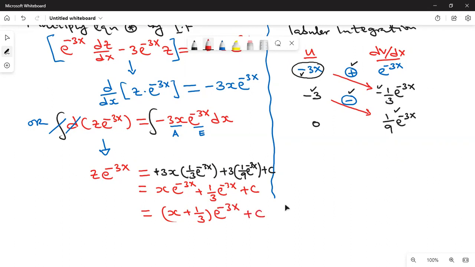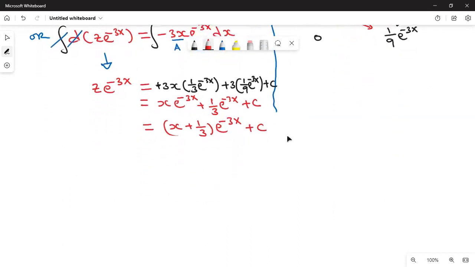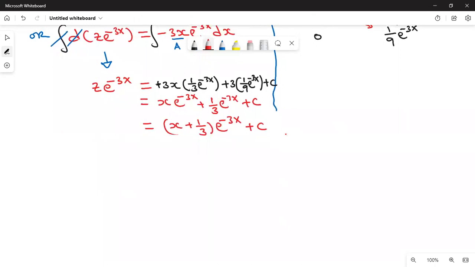C is a constant of integration. Make z the subject. So you can say z is equal to x plus 1 over 3 plus c over exponential negative 3x, which if you take it up, you get c times exponential 3x. The negative now becomes positive. Laws of indices, that's what I've used there.